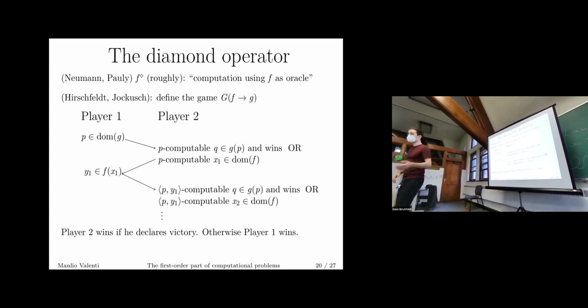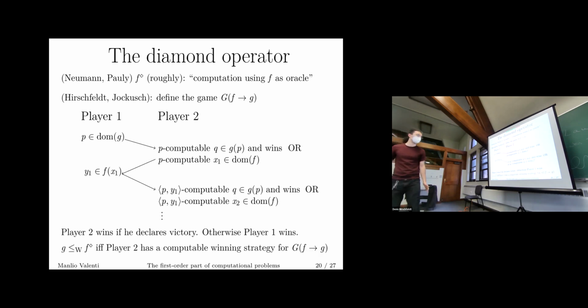Otherwise, player one wins. Player one winning is not a very interesting situation. The one we care about is when player two has a computable winning strategy, and it's the case when you actually have a Weihrauch reduction or uniform reduction of G to F diamond.